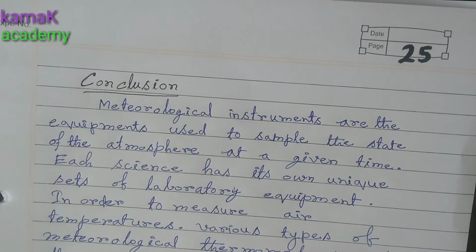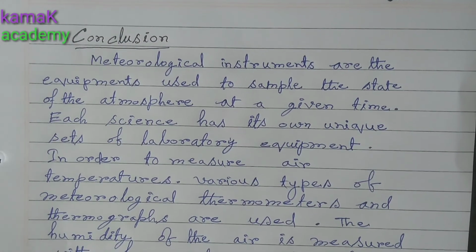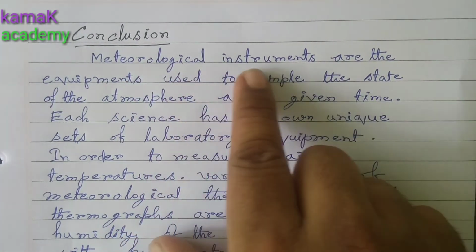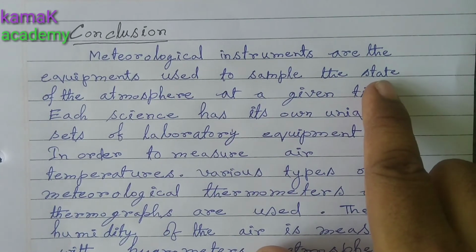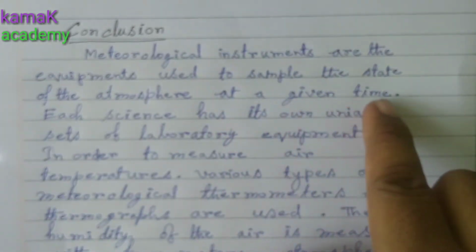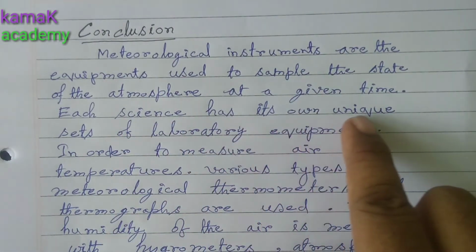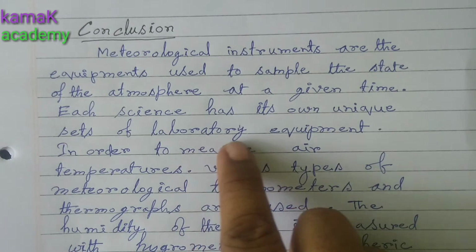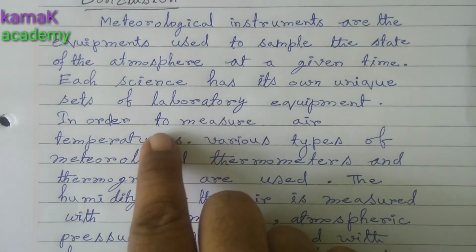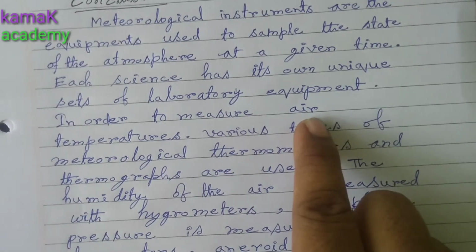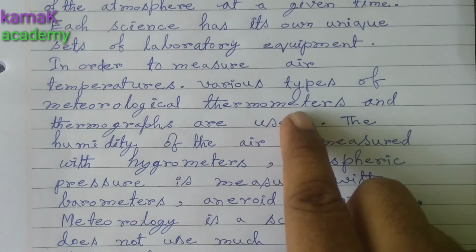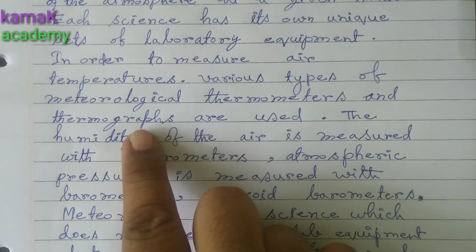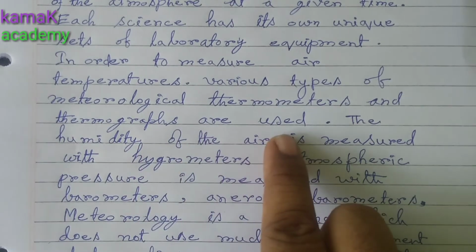24 page number is white sheet and 25 is conclusion. Meteorological instruments are the equipments used to sample the state of the atmosphere at a given time. Each science has its own unique sets of laboratory equipment. In order to measure air temperatures, various types of meteorological thermometers and thermographs are used.